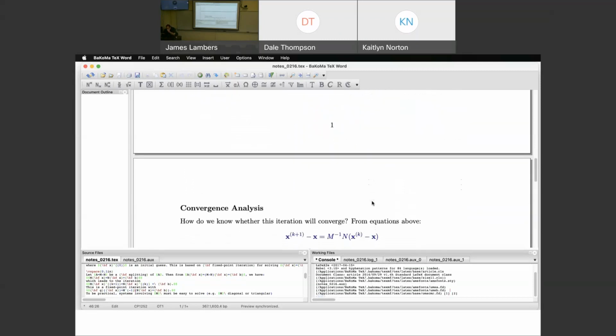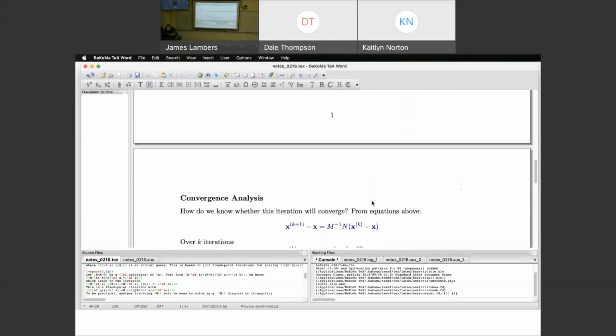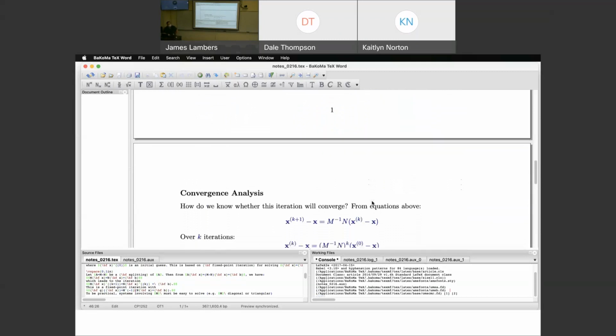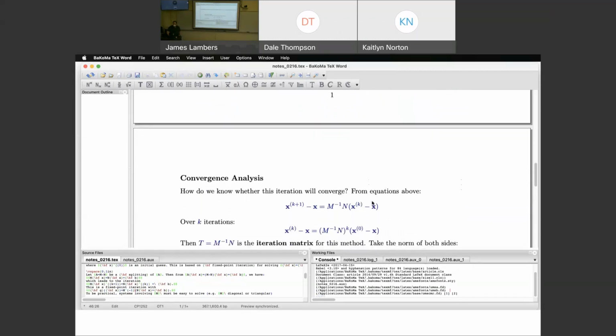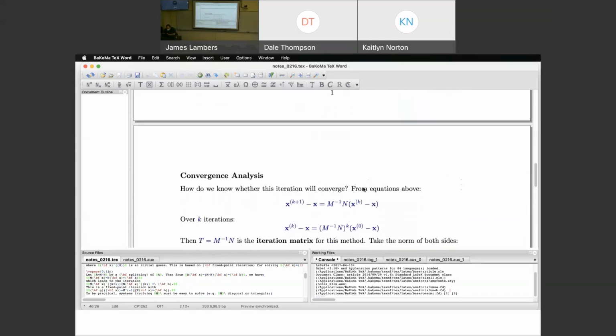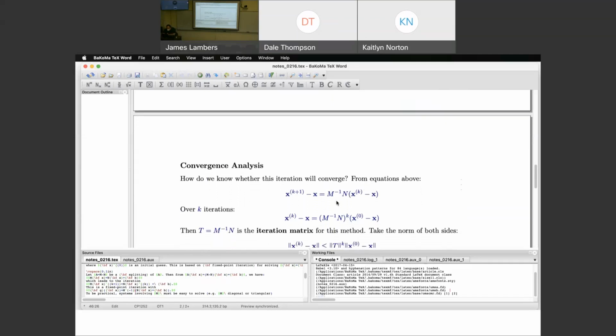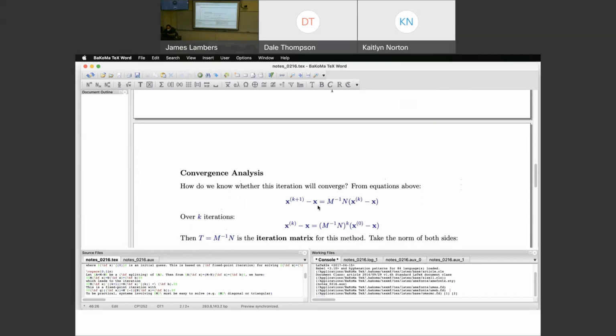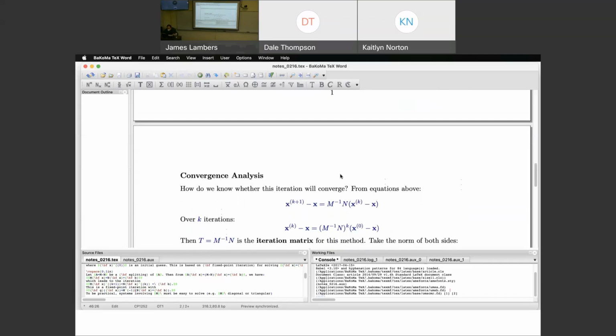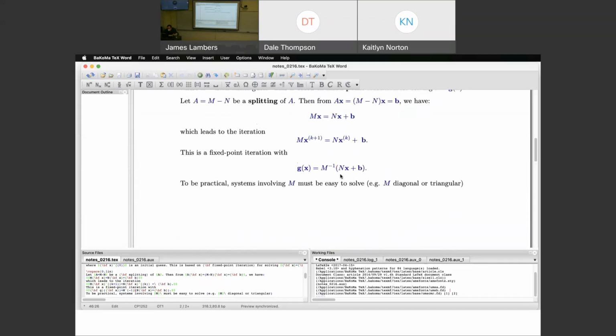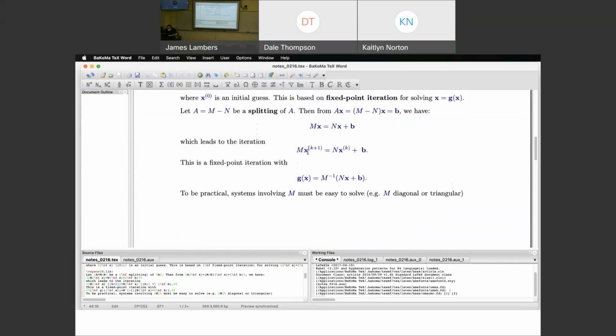So let's consider the question of convergence. I will talk about specific choices of M and N that lead to certain stationary iterative methods, but first, the general case. So here's what we can do. I'm going to copy this here.